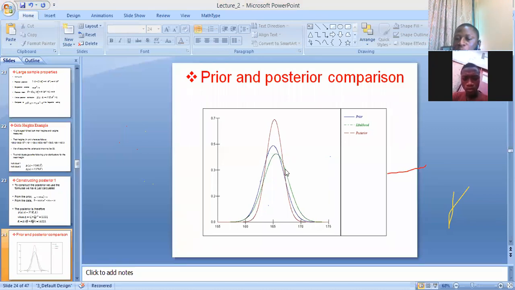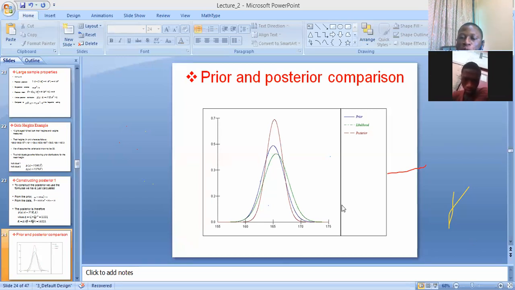If you look at the blue, which is the prior, you can see that there is higher variance compared to the red line or the brown curve. And the green curve also shows higher variability. So yes, you look at the thickness or the convexity of the plot to tell where there is higher variability.